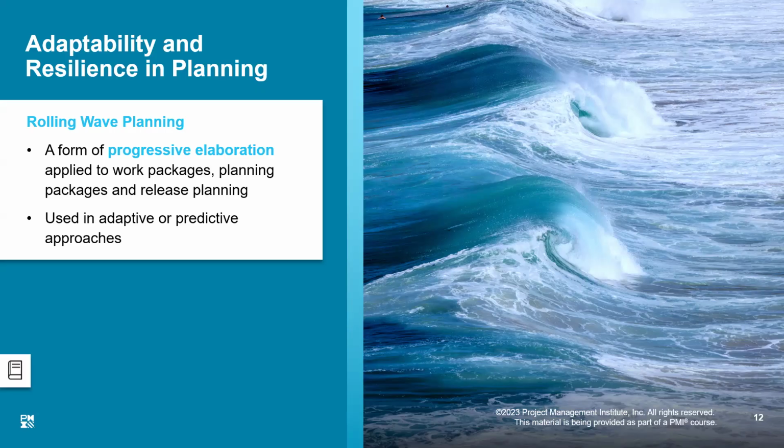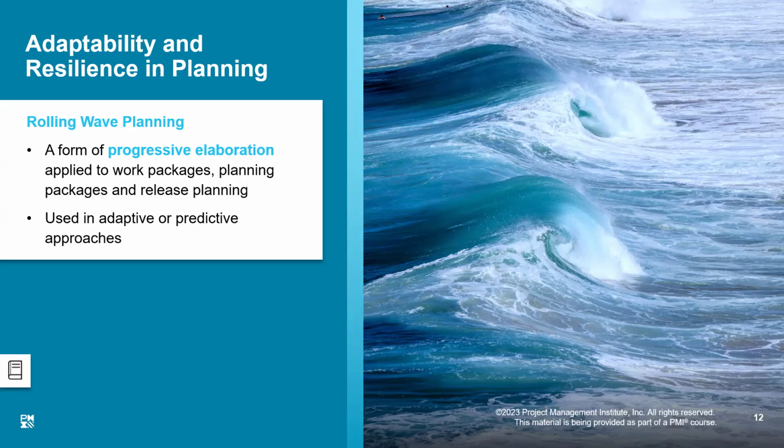Now, rolling wave planning is at the bottom level of activities. There are certain things we know and we can plan them down to the activity level. But there are certain things which are not known yet, and I can't expand on that. So I say, okay, I know how to construct this, I know how to construct this, but I don't know how to do a specific thing, which is so far not clear.